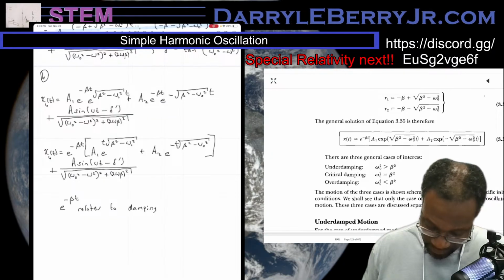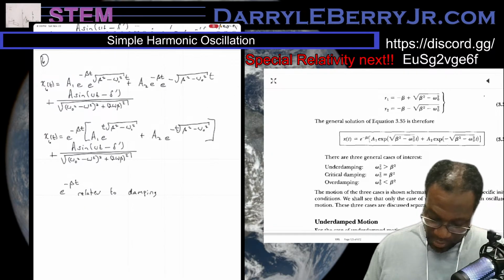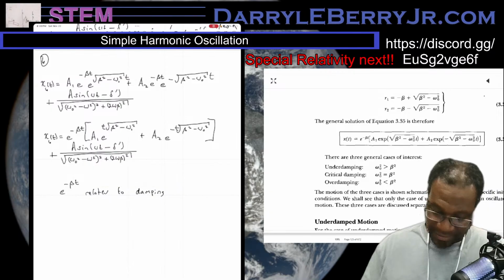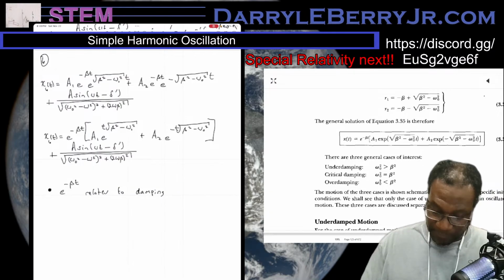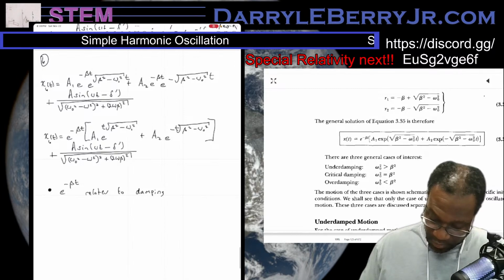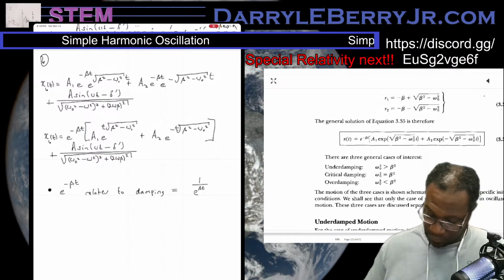So what we have here relates to damping. As we can see, as t gets bigger, the negative exponent means that this is actually 1 over e to the beta t.